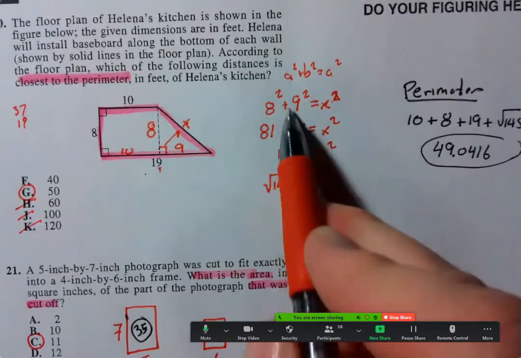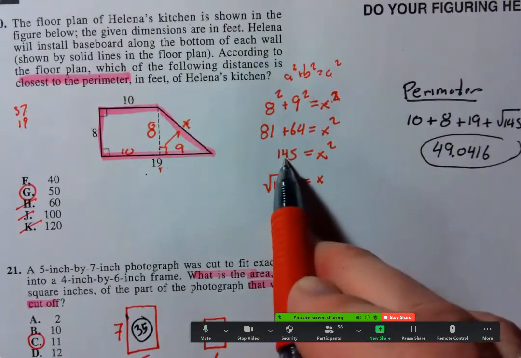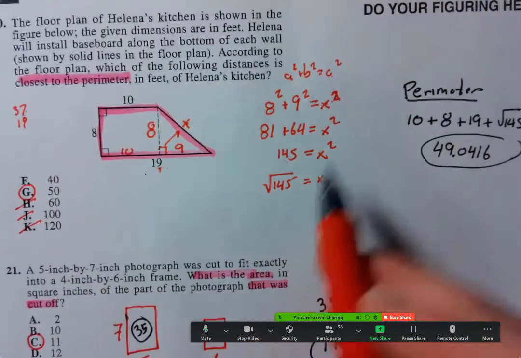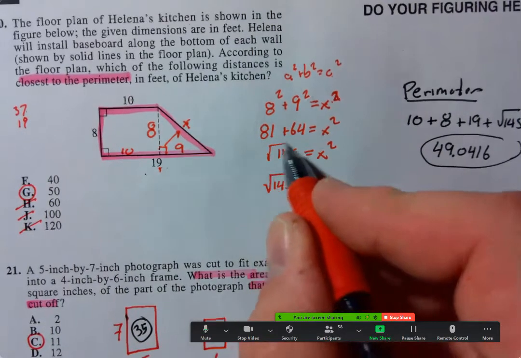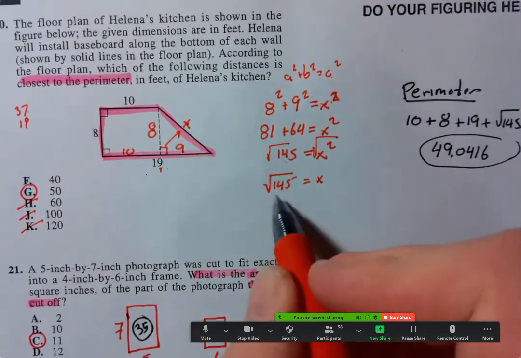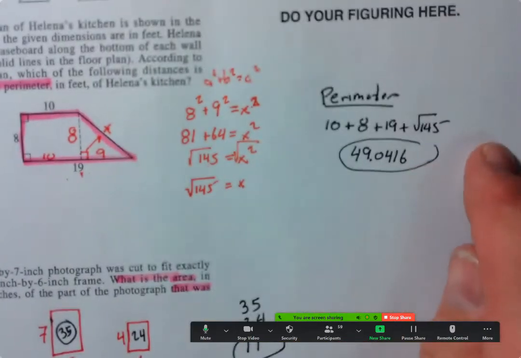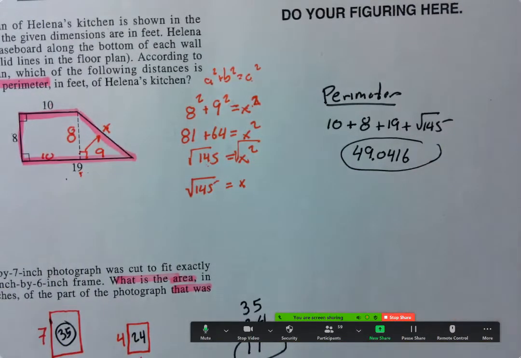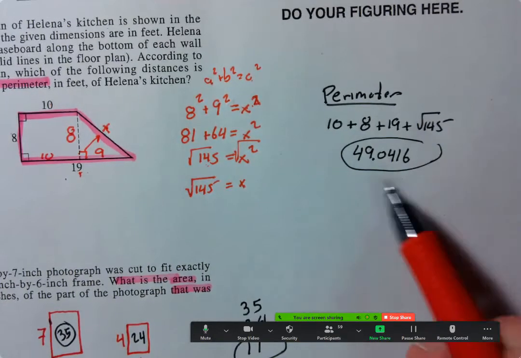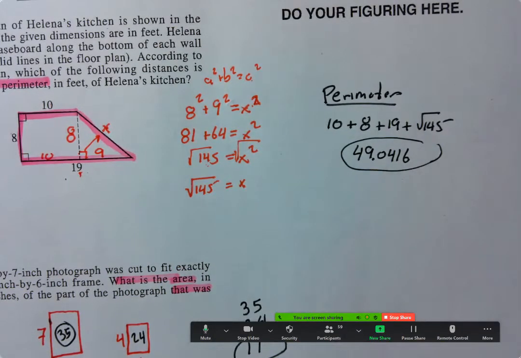I do the math here, I get these numbers, I add them up, I get 145. To get rid of the second power, we square root both sides and get the square root of 145. So that missing side is the square root of 145. I use my calculator and I wind up with 49.046.